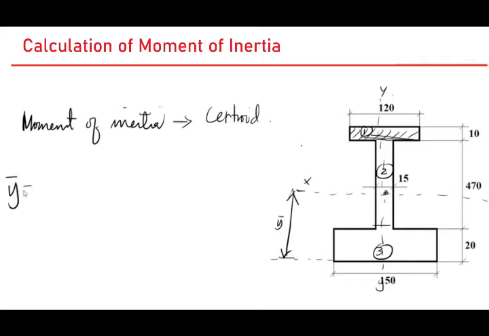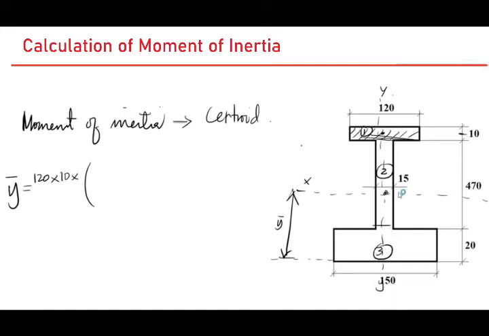So when I take the moment of the areas, for example, the first one, it is 120 times 10 times what? This total length up to this, the centroid of this particular shape or the rectangle is in the middle.